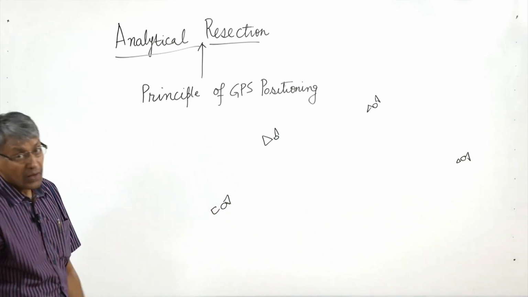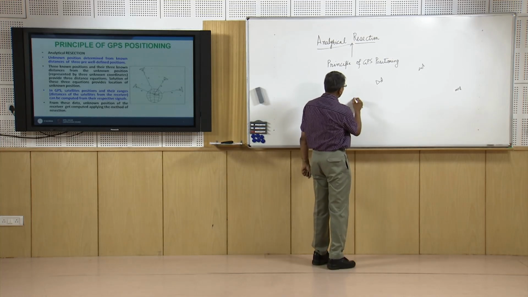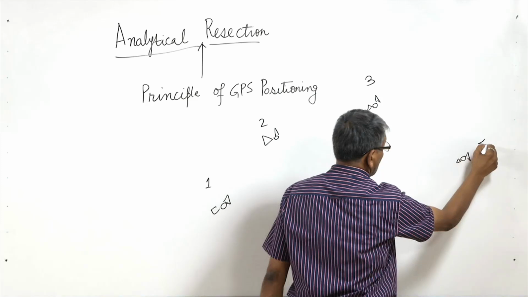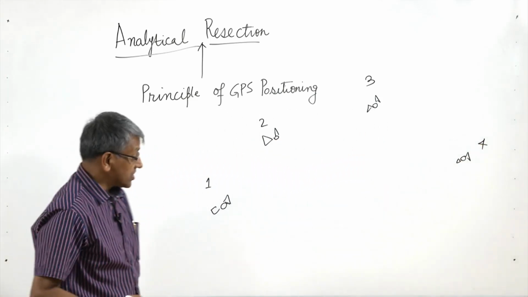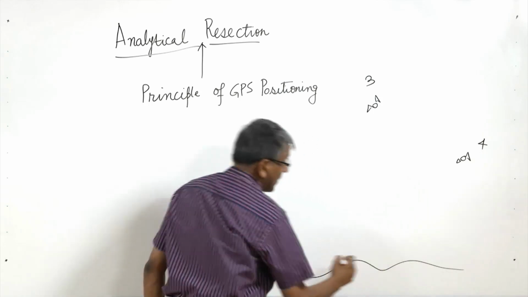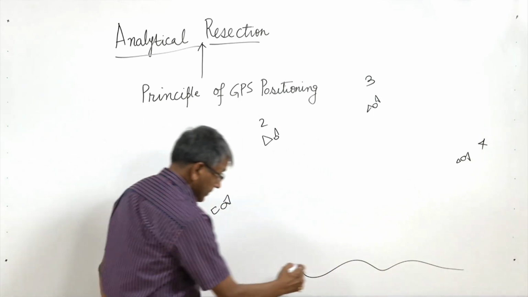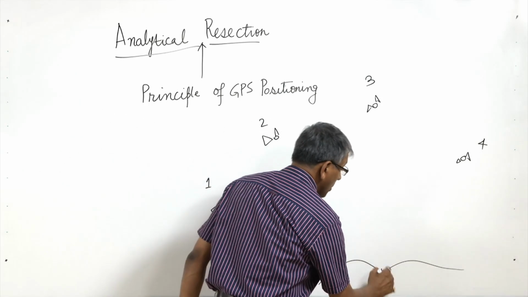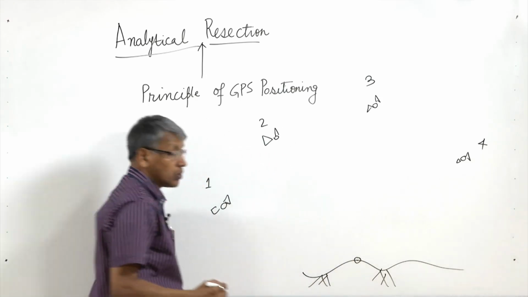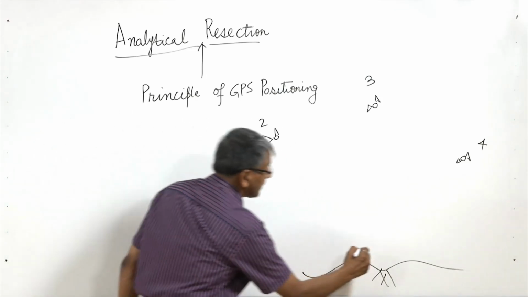So in case of GPS, let us say there are 4 satellites, 1, 2, 3, 4, which are being observed from the surface of the earth, and this is the point location whose position we want to determine.